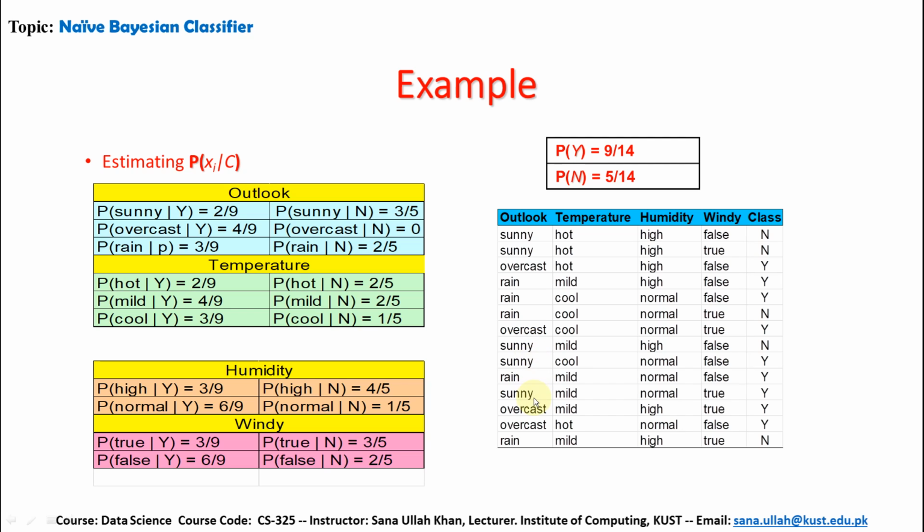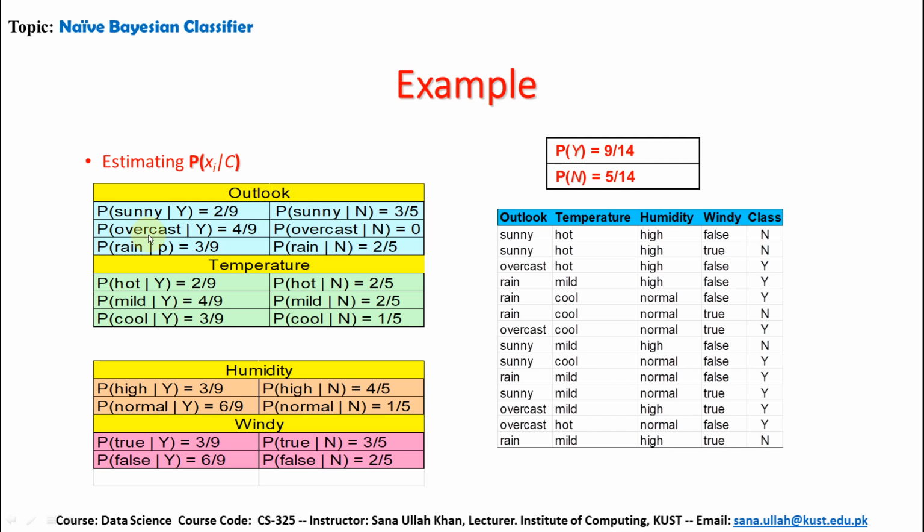Now we check which are yes: sunny with no, sunny with no, again sunny with no, sunny with yes, and the second one sunny is also yes. So sunny given yes is equal to 2 by 9, and the probability of sunny with no is equal to 3 by 5.